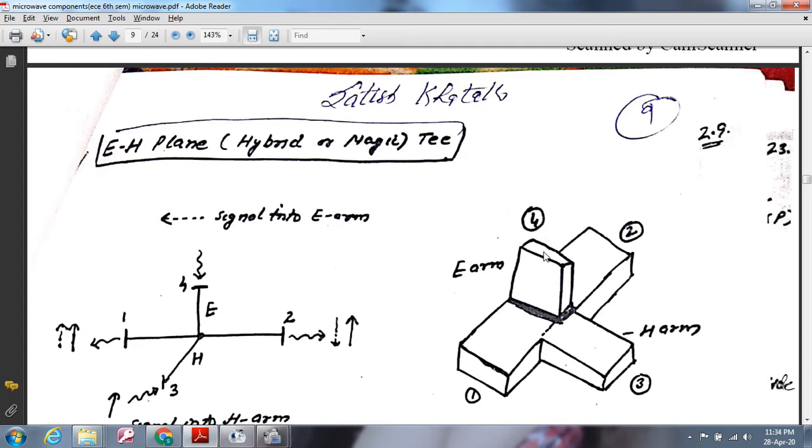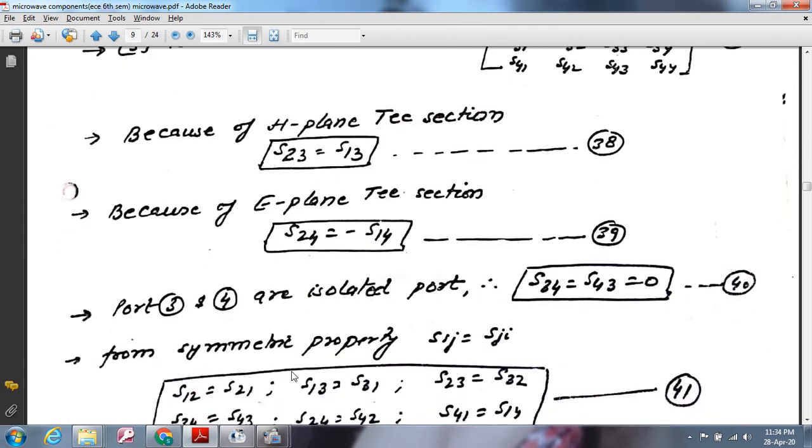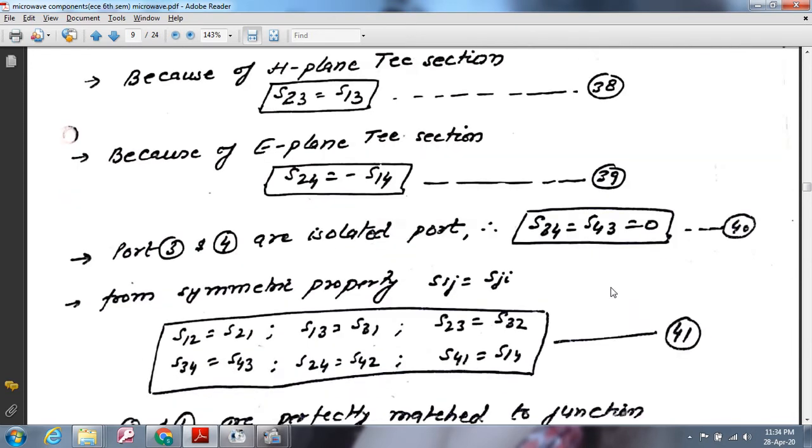And also if we apply power at port number 4, then there will be no corresponding output at port number 3. This is the meaning of equation number 40: S34 equals S43, and these are 0.